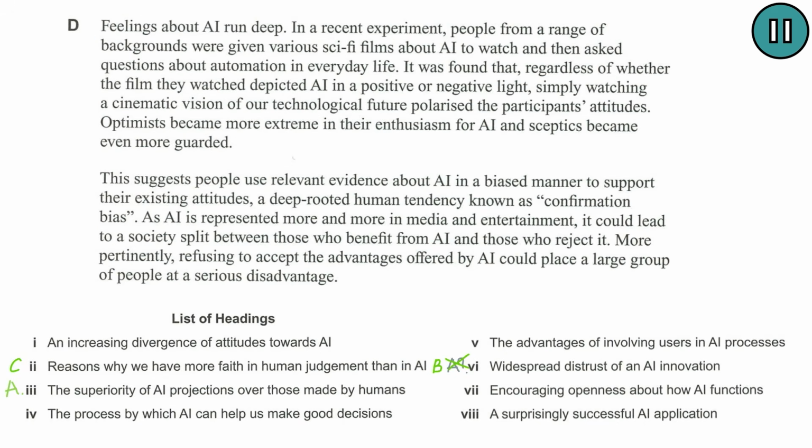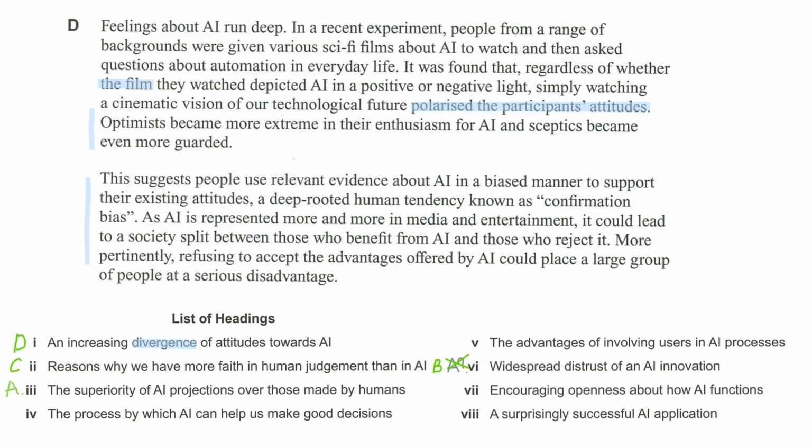Pause the video now. Ready? We've read that watching the film polarized the participants' attitudes. And if you're not familiar with the word polarized, there is an explanation in the next sentence. Optimists became more extreme in their enthusiasm, and skeptics became even more guarded.